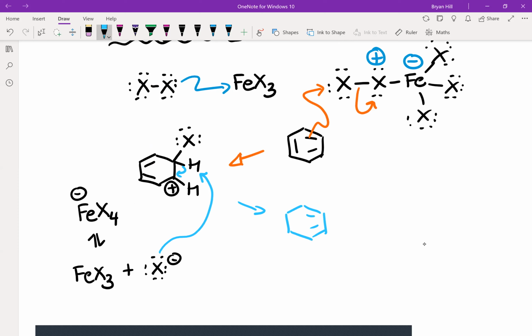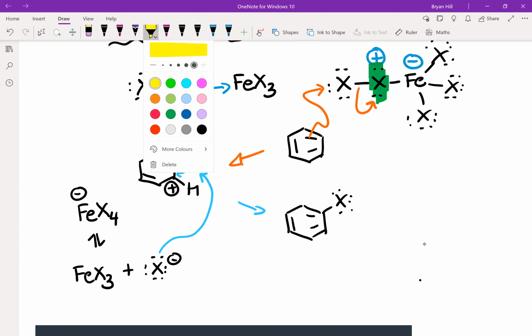I should be drawing some blue, I guess. There we go. So yeah, I guess the key point which I'd point out is where these arrows are in orange over here. So we're not attacking directly this X, which has got the positive charge.